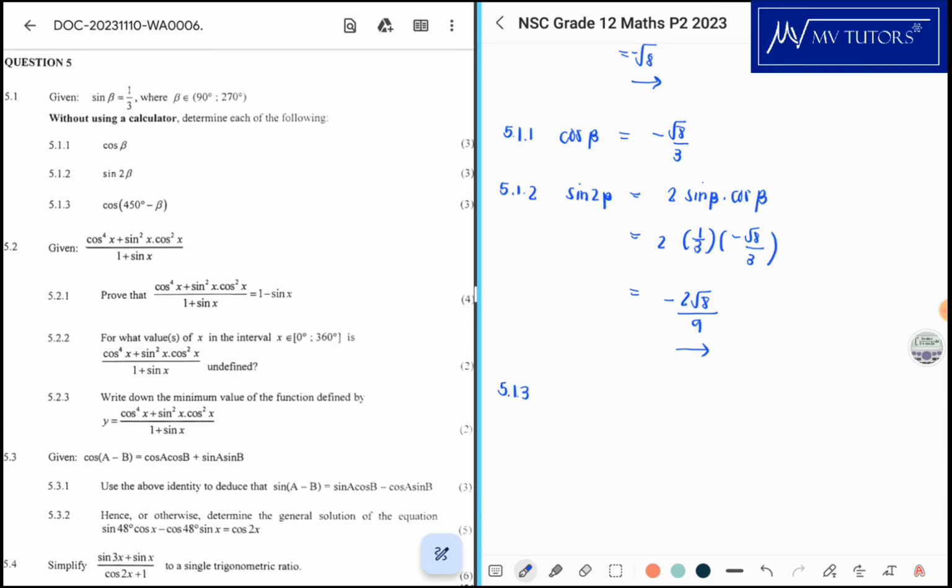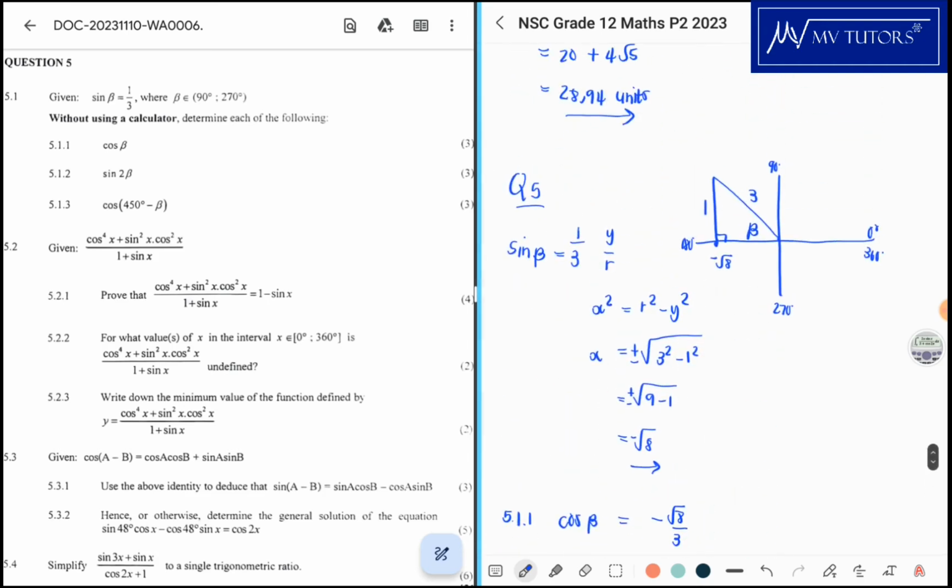And 5.1.3, we have cos of 450 degrees minus beta. On a Cartesian plane, I would want to know where 450 is. So we have 0, 90, 180, 270, 360. 360 plus 90 would be 450.